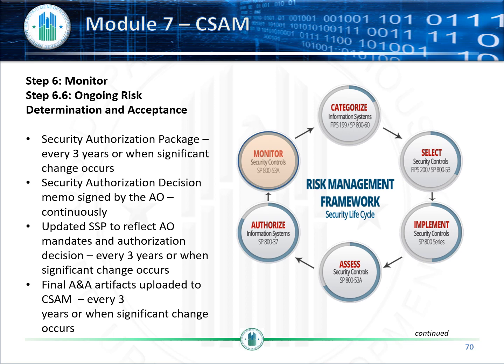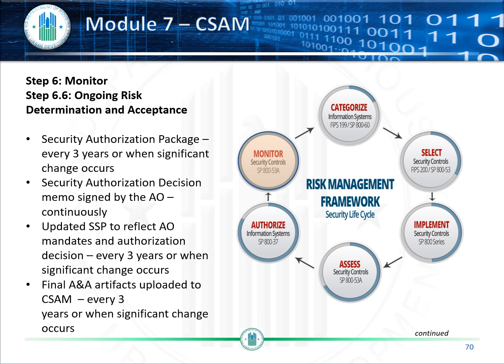Step 6.6 is ongoing risk determination and acceptance. The list for 6.6 shown in the slide identifies key activities and documents that are required to be uploaded to CSAM. These documents include the security authorization package, the security authorization decision memo as signed by the AO in years of authorization termination, or the security authorization acknowledgement memo signed by the AO in years that the system authorization is not scheduled for termination.